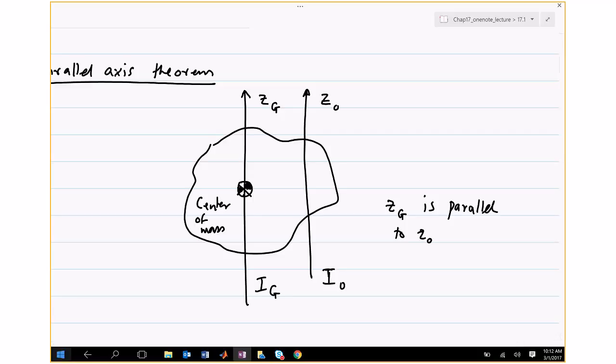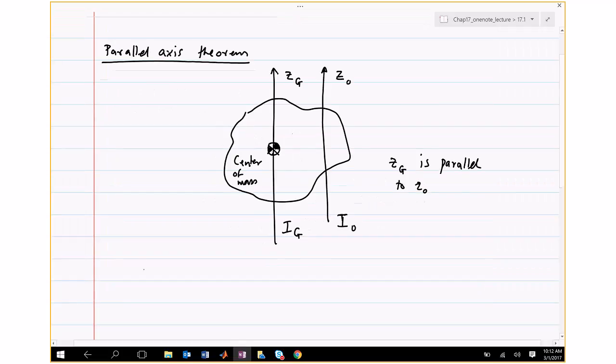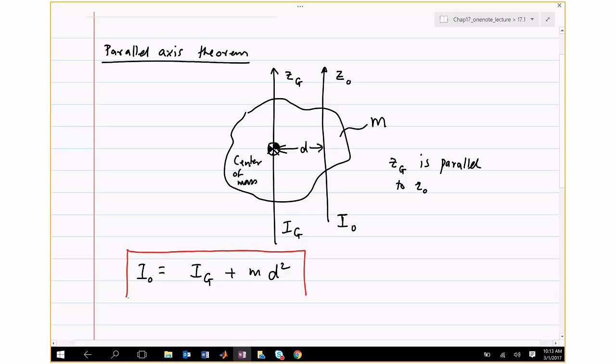Provided zo is parallel to zg, you can write Io as Ig plus, let's say the mass of the body is m, and the distance between the two axes is d, then this is md squared. So the inertia about an axis not passing through the center of mass but parallel to the center of mass axis is given by the inertia of the center of mass plus mass times the distance between the two axes squared.